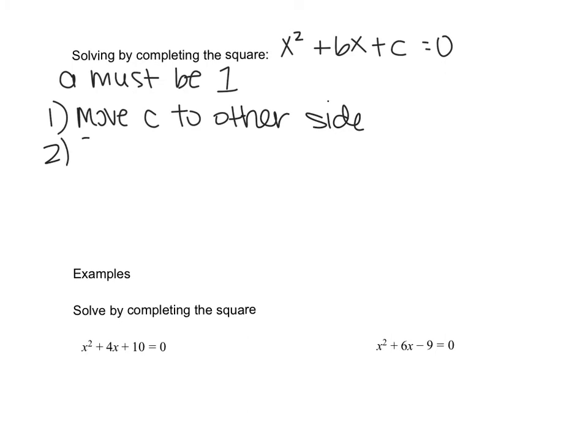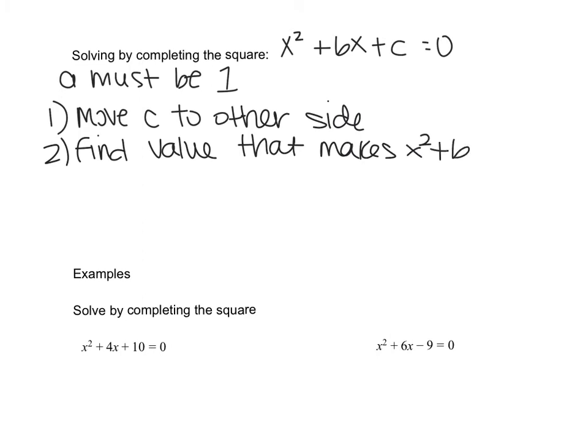Then you're going to find the value that makes x squared plus bx a perfect square. And we're going to add it to both sides.